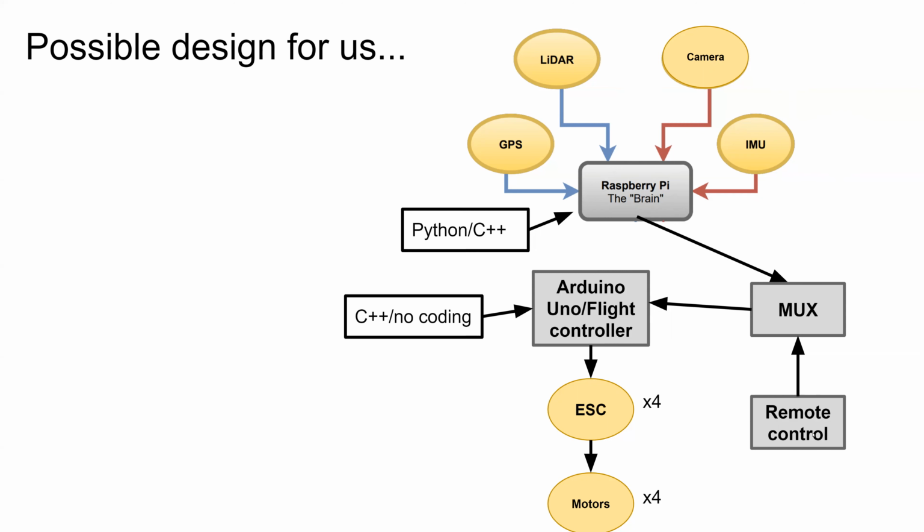And so this type of setup would allow us to have sort of an emergency remote control type of setup, where if the drone is going way off course, we can just turn on the remote control and then take over the flight of it in case something goes wrong.